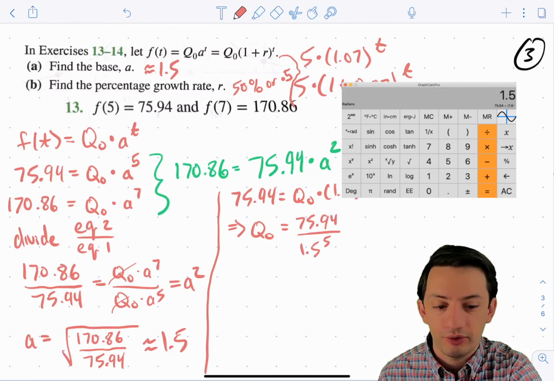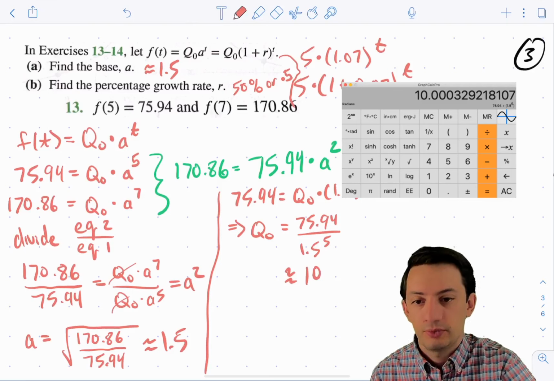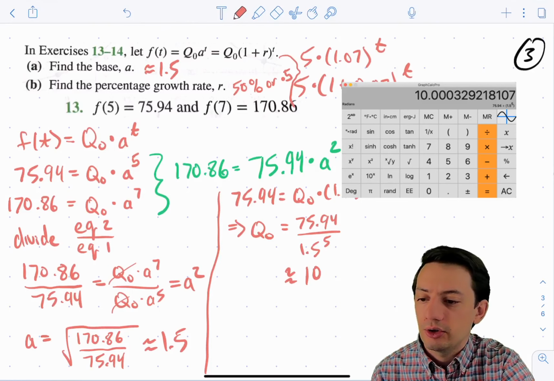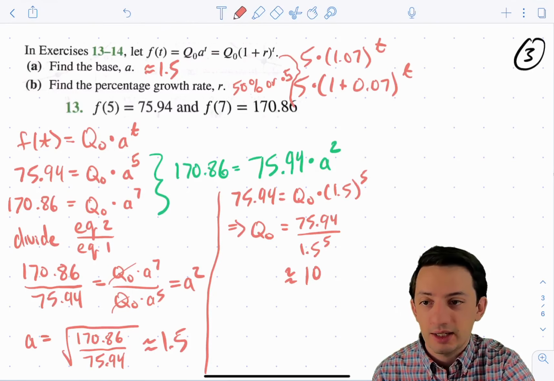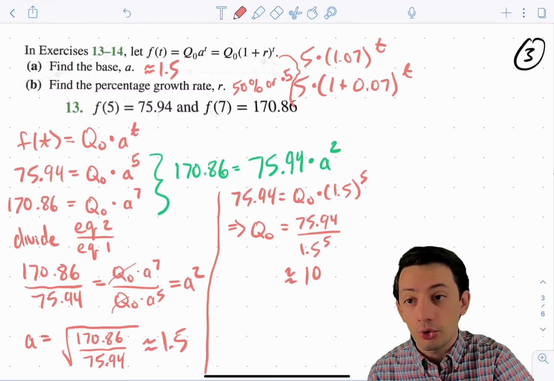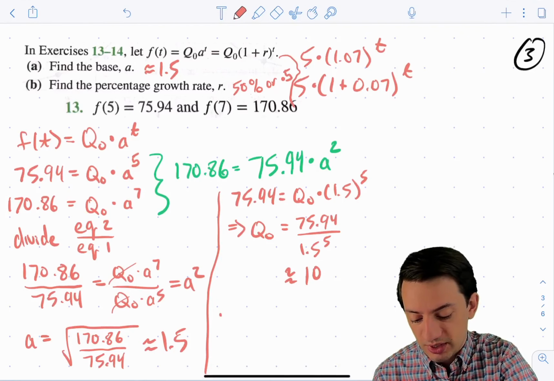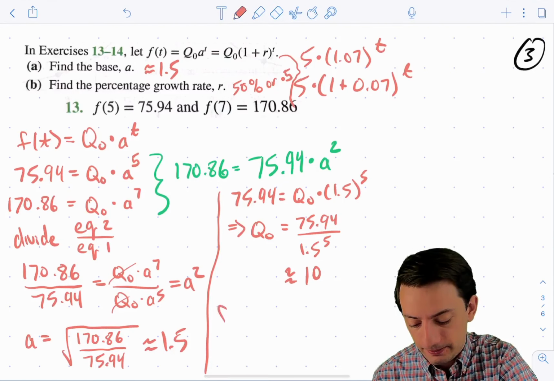And here we go. We got about 10.00032. So we'll call that about 10. So that means that our final answer, well, it didn't ask it, but if it asked us to find both variables in the function, we would say that f of t is about 10 times 1.5 to the t.